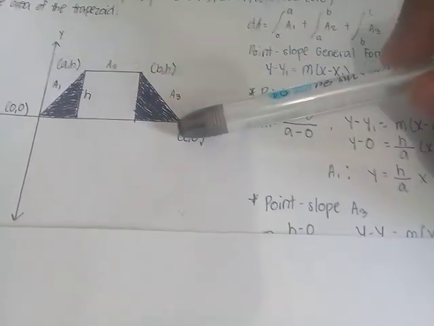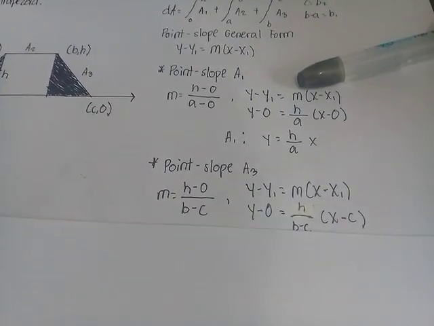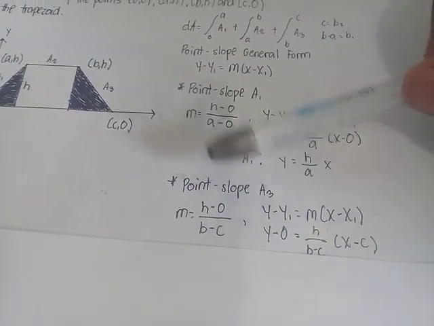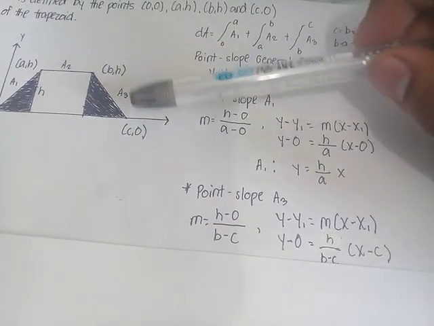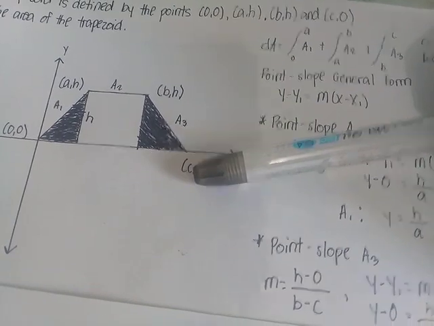For the point slope of A3, we will use the formula again. m is equal to h minus 0 over b minus c.